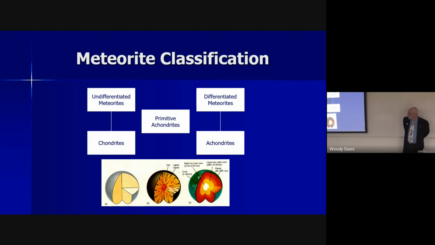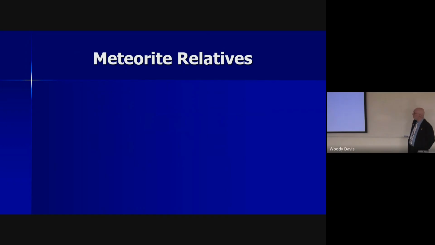So as I've heard said, nature is under no obligation to make this stuff easy for us to understand. So that is a very basic overview of different types and classifications of meteorites.